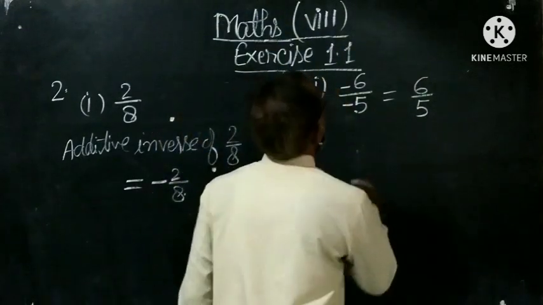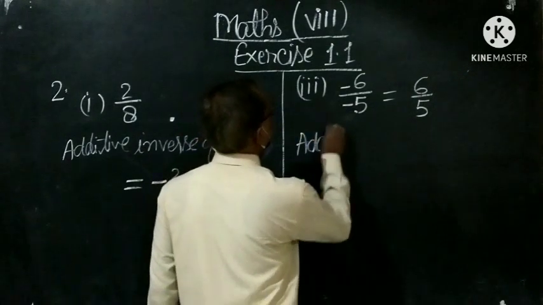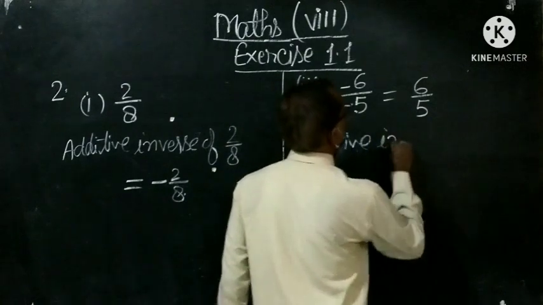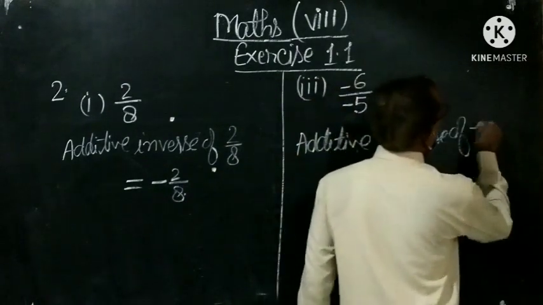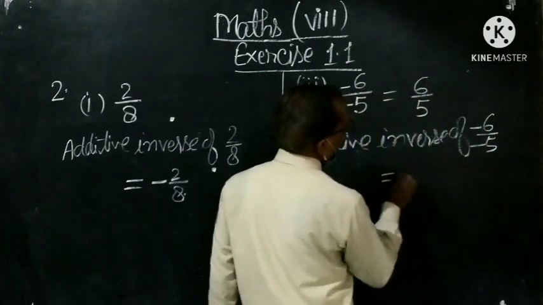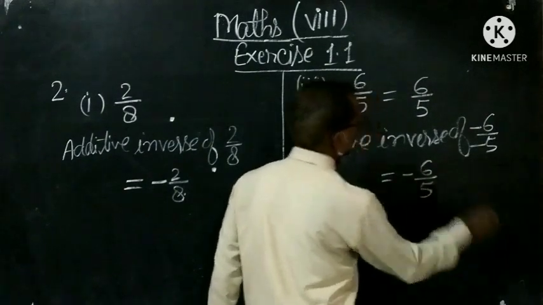Additive inverse of minus 6 upon minus 5 is equal to minus 6 upon 5.